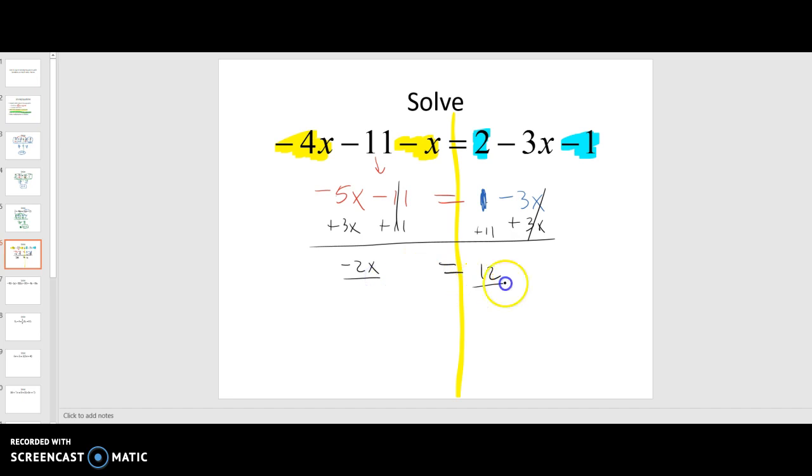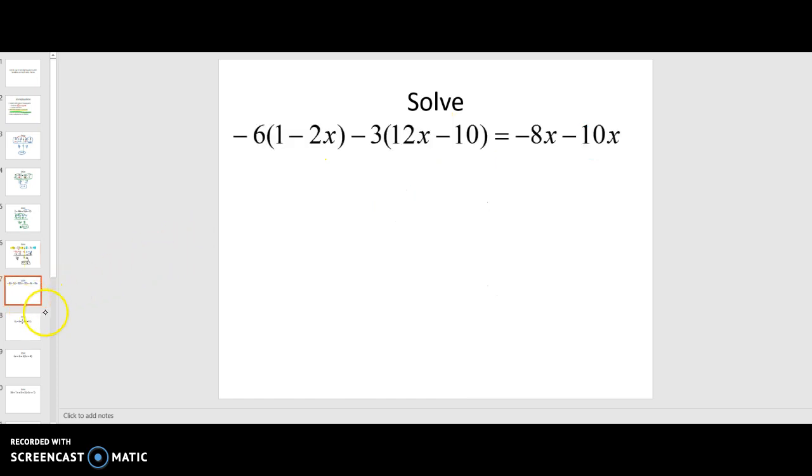And now all I have to do is divide by that negative 2. And x is equal to 12 divided by negative 2, which is negative 6. Okay? So again, distribute, combine like terms, variables to the left, constants to the right, and then undo multiplication or division.